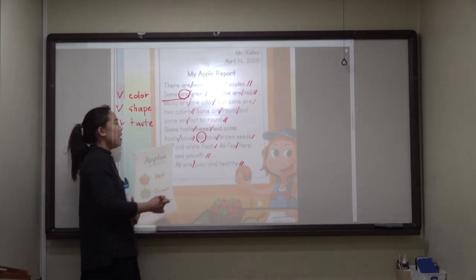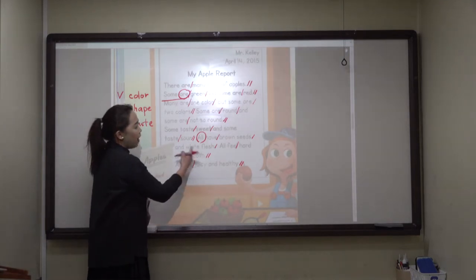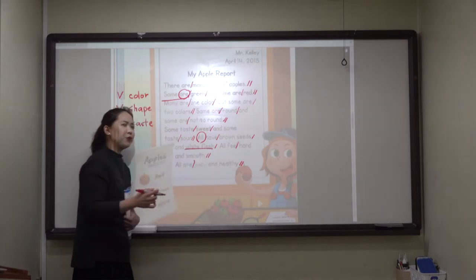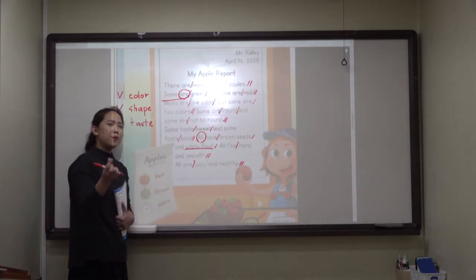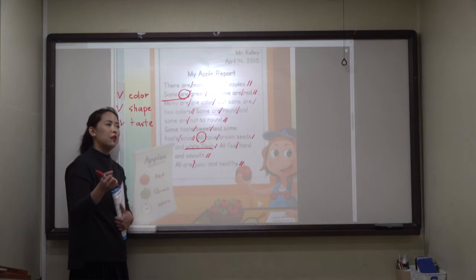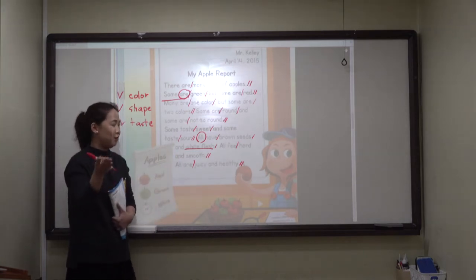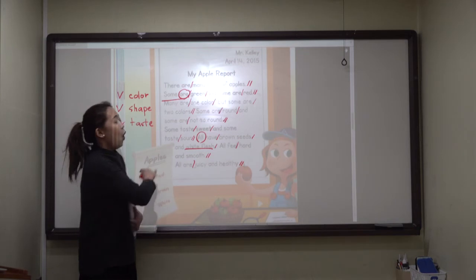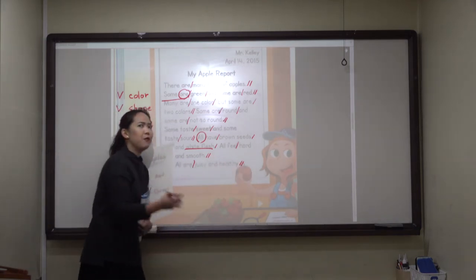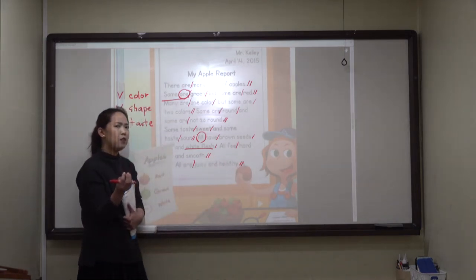Okay? All right. And then all apples also have white flesh. Actually, some apples have a little yellowish flesh, okay? But here it says white, so anyway. And all feel hard. Have you ever touched a soft apple?